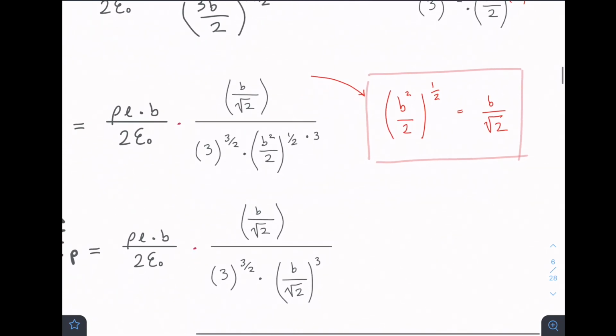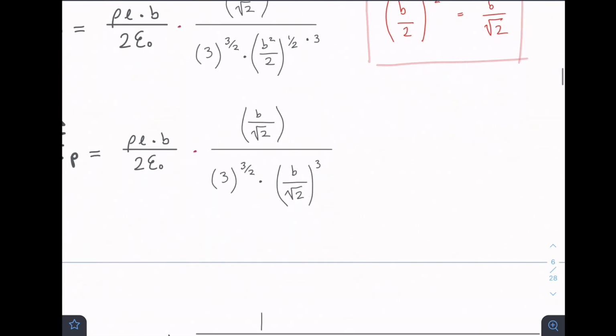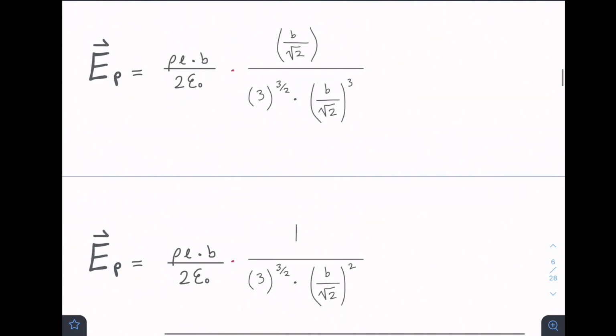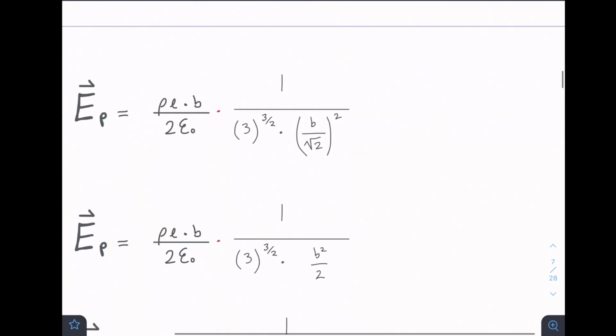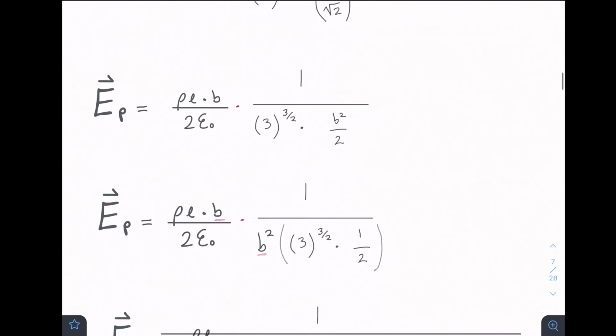So we're going to be able to do some canceling here. So we have b squared over 2 to the 3rd, right? And we're going to simplify our expression and get this out of the numerator. And then we're going to notice that this turns into b squared over 2.